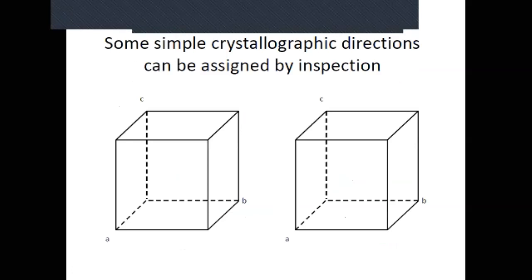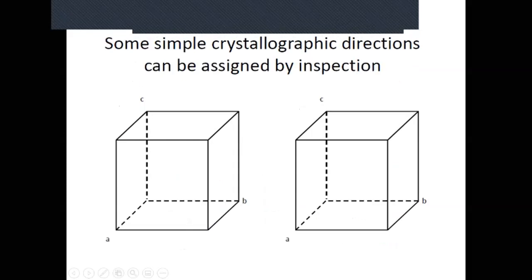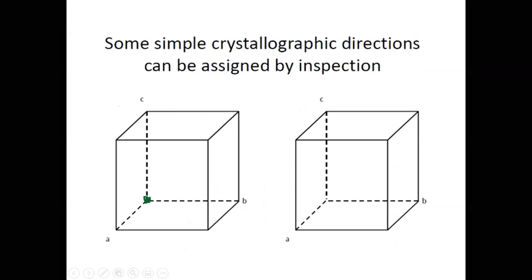And so some crystallographic directions can be assigned by inspection. So just by looking at the direction, you can determine what the direction would be. For example, if this is our origin here, and let's say we want to draw a vector out to this point.